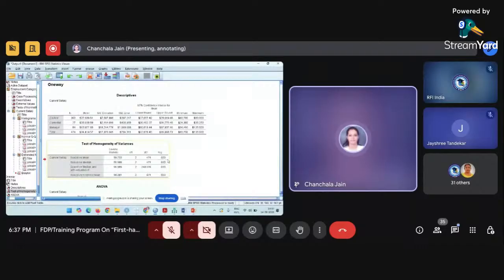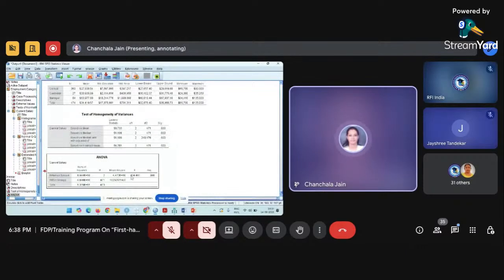Going down, now we will talk about the ANOVA table. You can see between groups and within groups, the sum of squares, degrees of freedom, mean sum of squares, the F value, and the significant value. The significant value of the ANOVA is 0.000, which is less than 0.05.